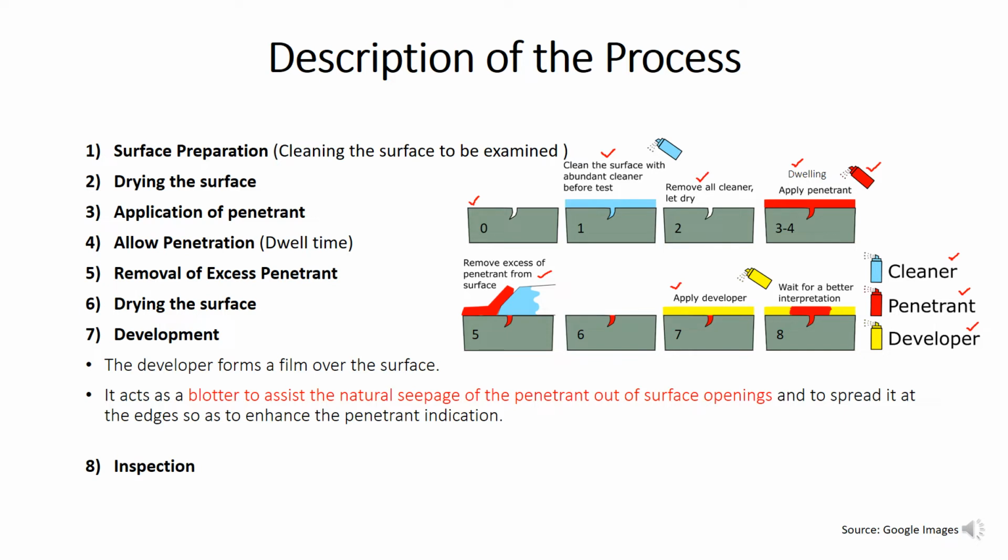When we apply the developer, it will perform its blotting action, meaning it will remove the penetrant or the dye from the cracks or the flaw, and wherever on the part you see the dye, you can locate that this is the actual location of the flaws. In this way we will perform the liquid penetrant inspection. This is the process, or the steps which are there in this process.